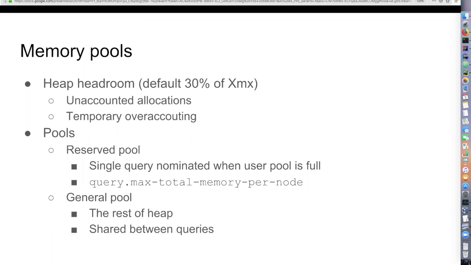And this reserved pool is large enough that it can fit a single query. Its size is max total memory per node, so that a query can proceed without having any memory obstacles until it reaches its memory limit set by the user.